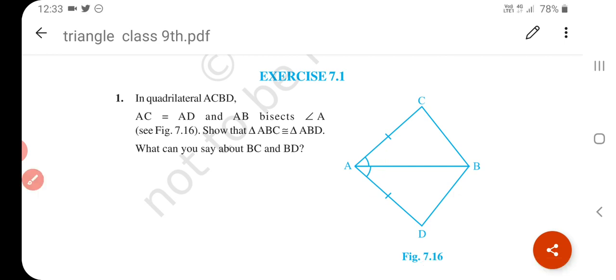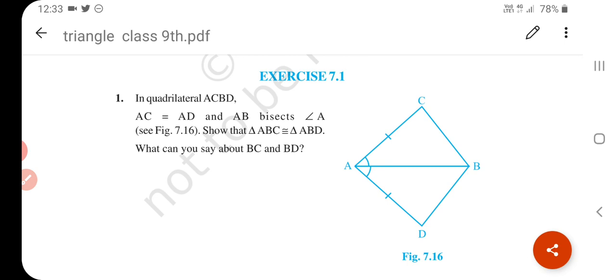See the figure carefully. It's given AC is equal to AD. And it's also given AB, which is the common side of triangle ABC and triangle ABD.